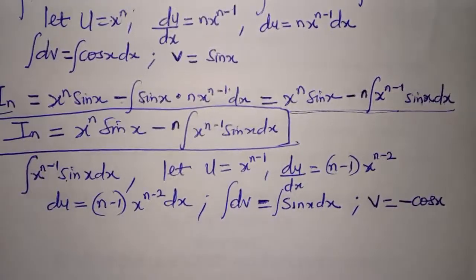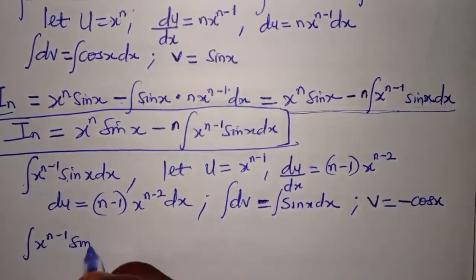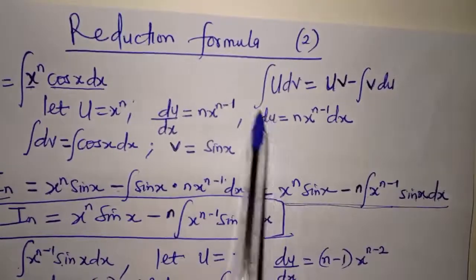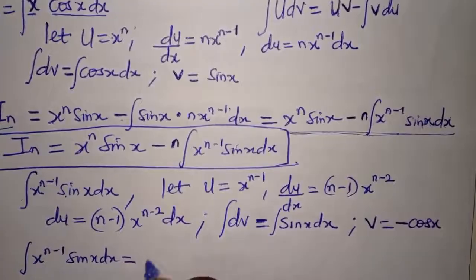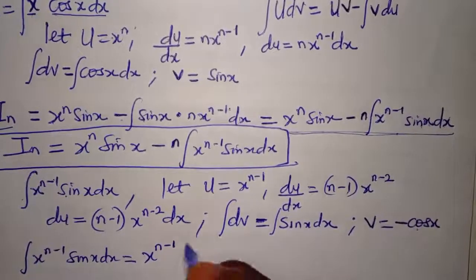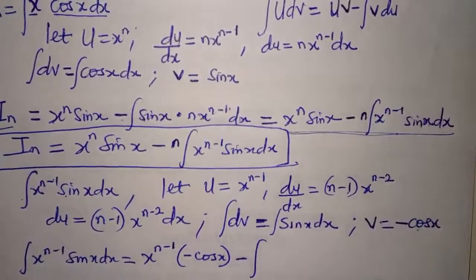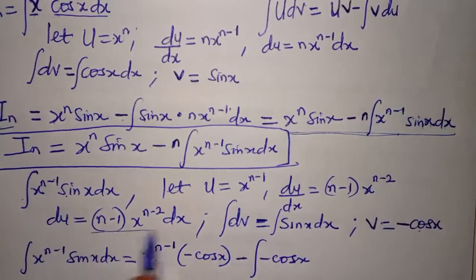Good. So for this integral, the integral of x to the n minus 1 sine x dx is equal to uv. We are coming from here now. This is u, this is v, minus the integral of v du.